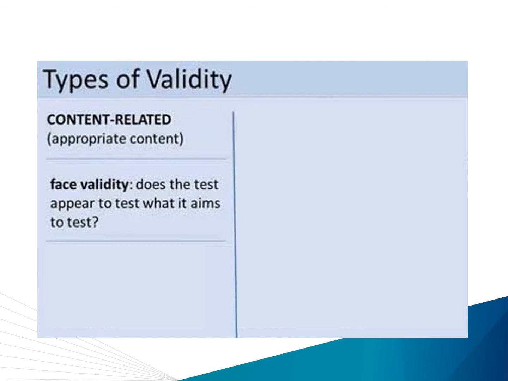Because if you don't get past the face validity of a questionnaire, if you don't get past the initial look at a question, if people don't feel that it's useful or measuring what they're being asked to respond about, then they won't respond to it. So the face validity has got to be right. Otherwise, you won't get to the content validity. So let's have a look more specifically at content validity.